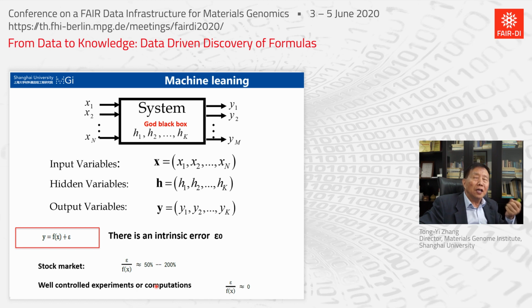We can also improve our computation algorithms and methods to make our experiments or computations more accurate. So this error can get smaller and smaller.